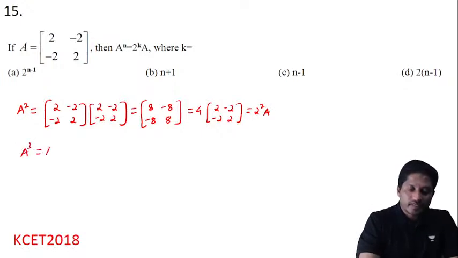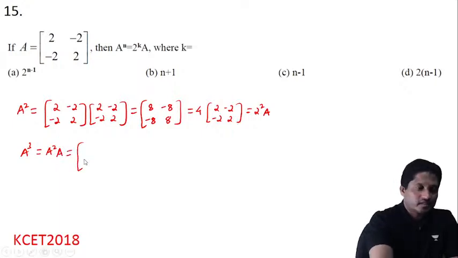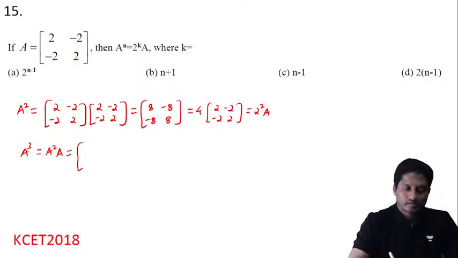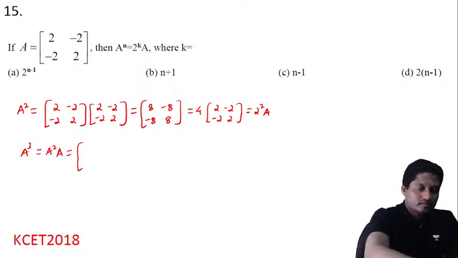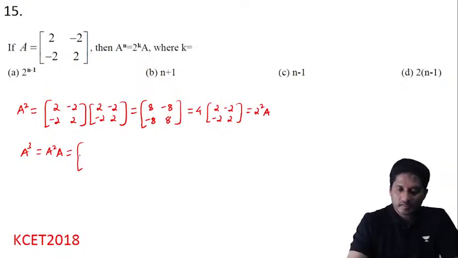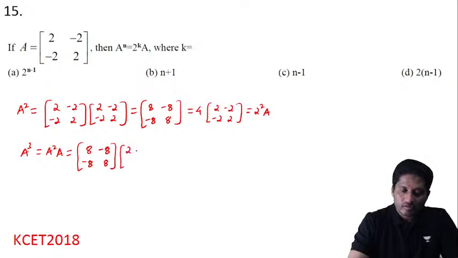A cube is A square into A, right? Is equal to matrix 8 minus 8 minus 8 and plus 8, into this, 2 minus 2 minus 2 and plus 2.